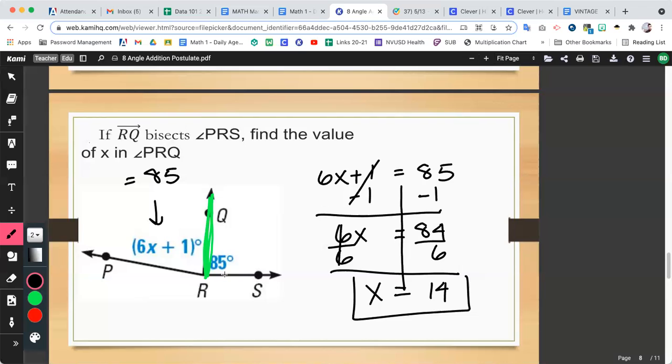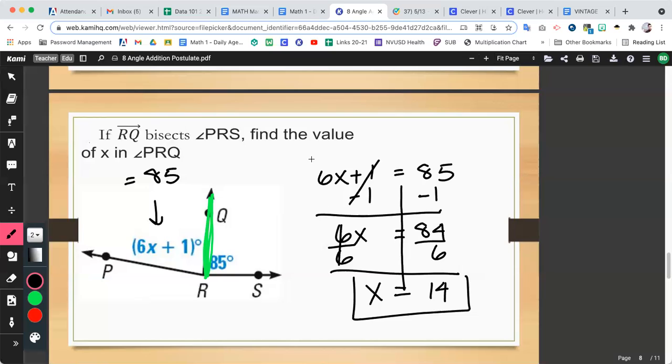Yes, question. Because we already know that it's 85. Do you mean why didn't I plug the 14 back in? It's not 6x that is 85.